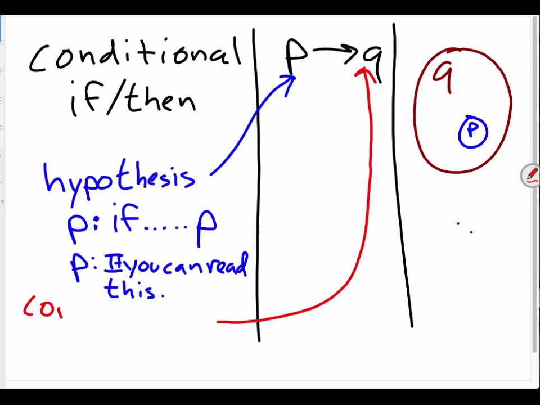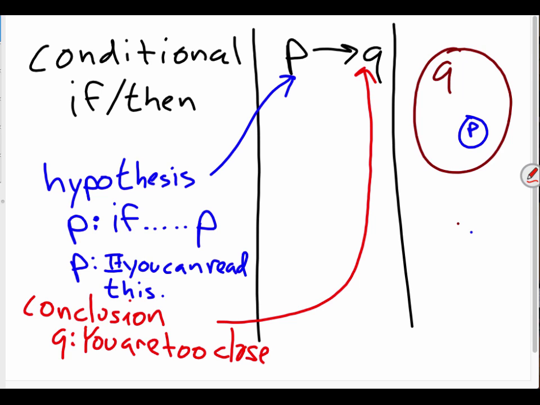So the conclusion follows the Q. So that would be like, if you can read this, then you are too close. Does that make sense? So now whenever we see this PQ, we can think of this 2 different ways.